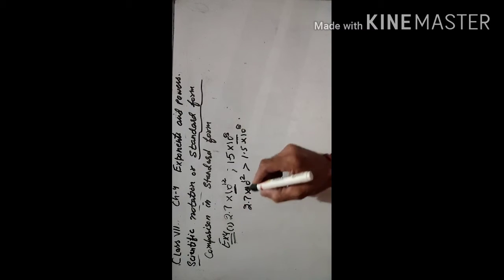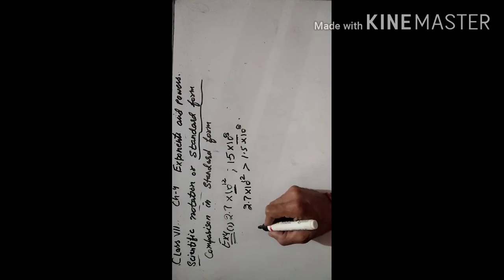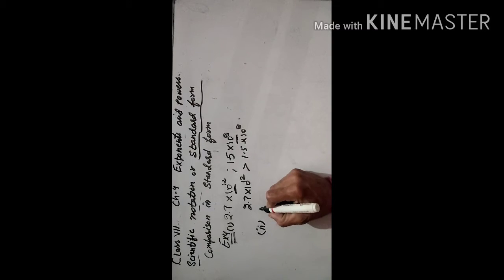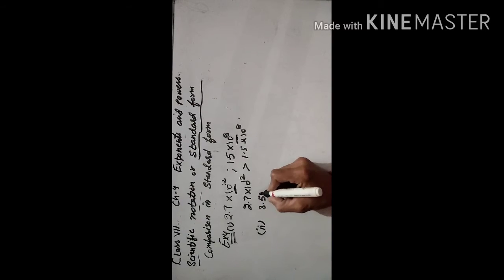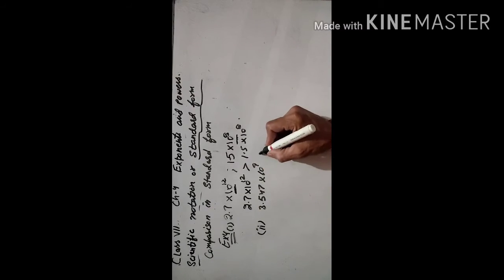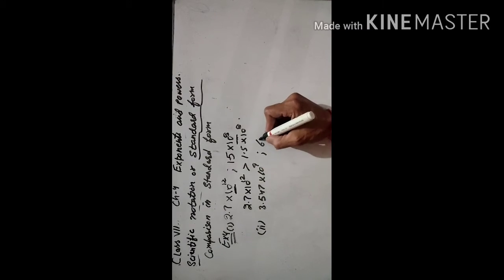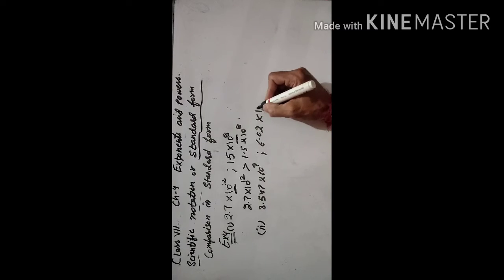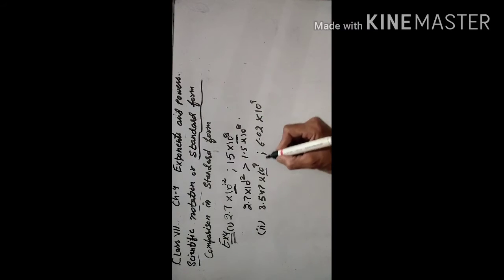Now in the second part we have 3.547 into 10 to the power 9, and the next number is 6.02 into 10 to the power 9. In this case the power of 10 is the same, so we have to compare the significance.